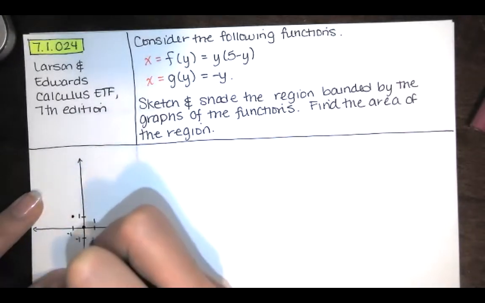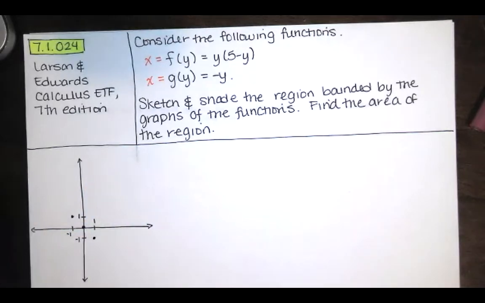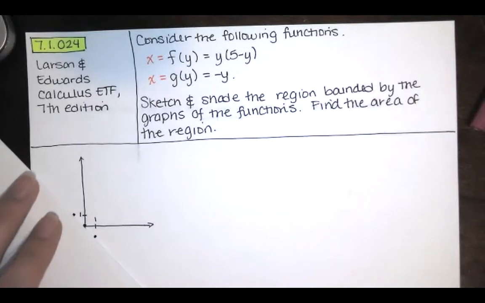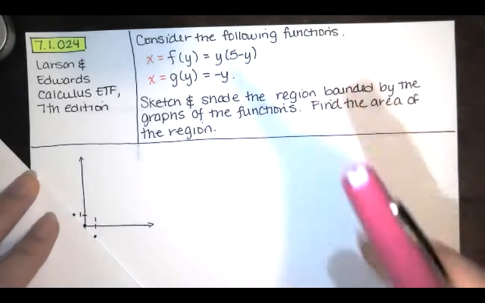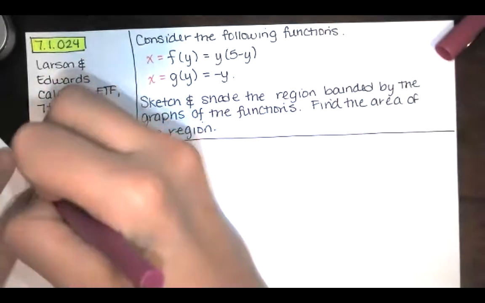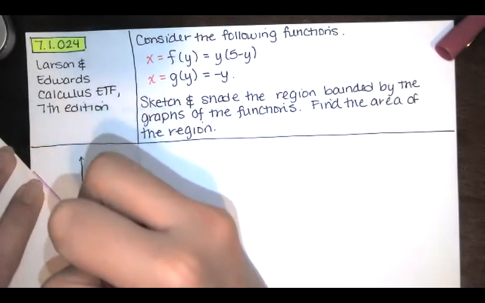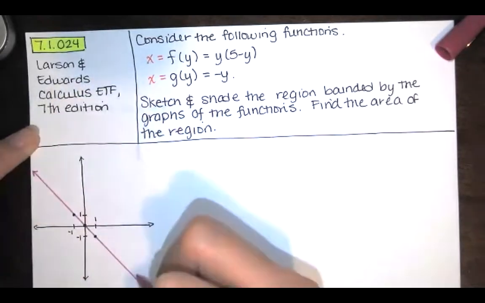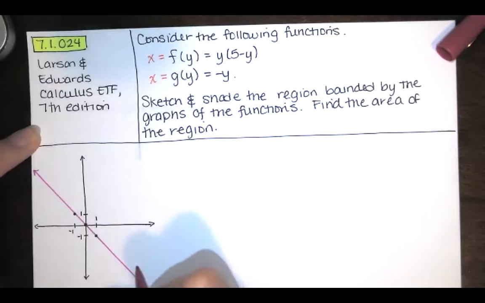So it's just a line that passes through those 3 points. It has a slope of negative 1. So it's roughly going to look like this. That's x equals negative y.